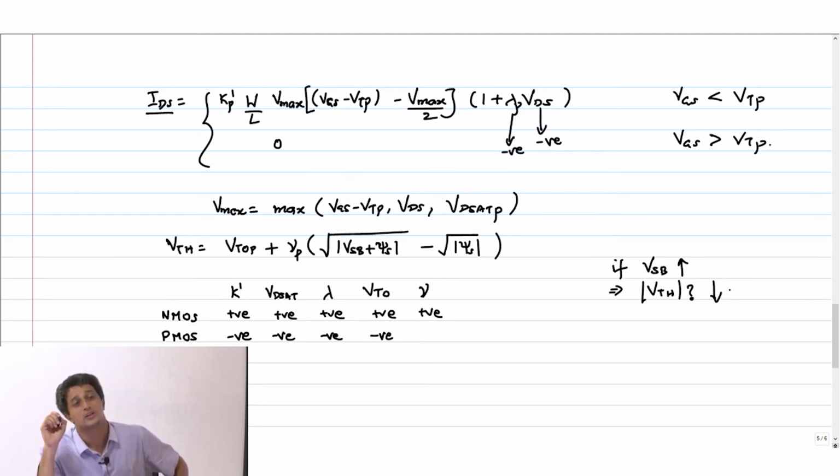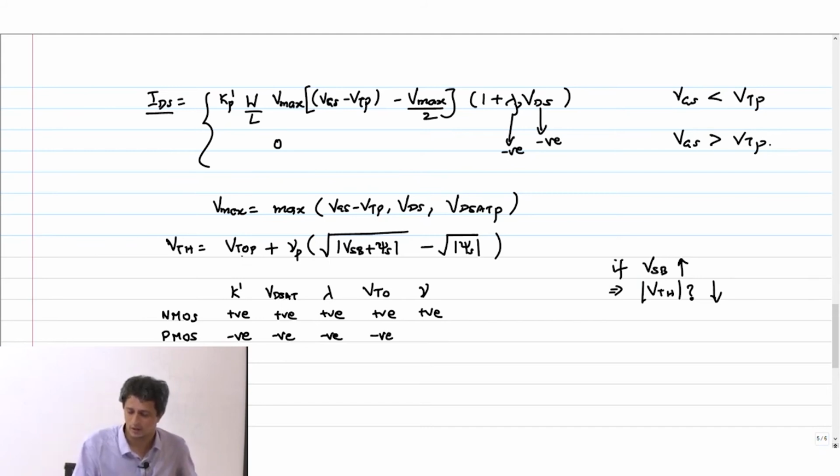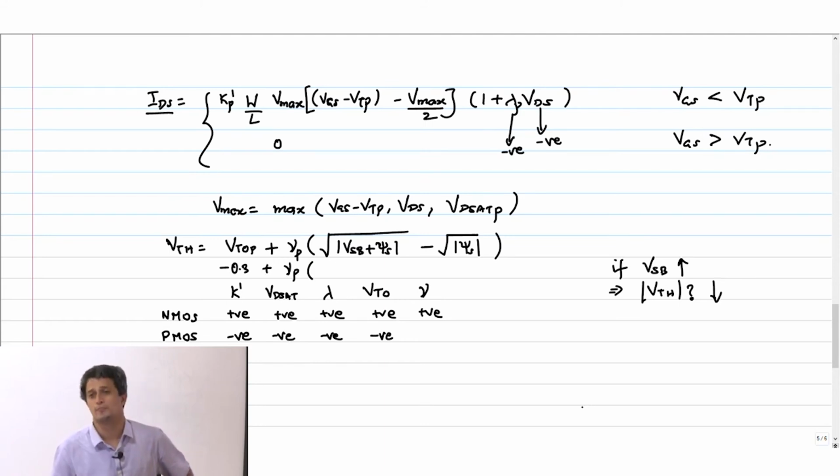What does mod of the VTH come down mean? So in this equation, let's say this is minus 0.25 volt or minus 0.3 volt. Okay, then plus gamma P into something. VSB is going up. If mod VTH has to come down, what should happen to this second term? It should be positive, right?